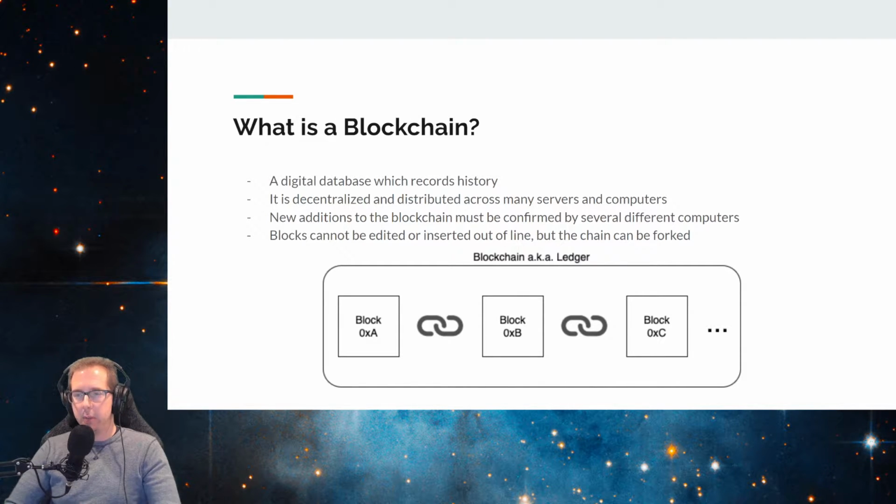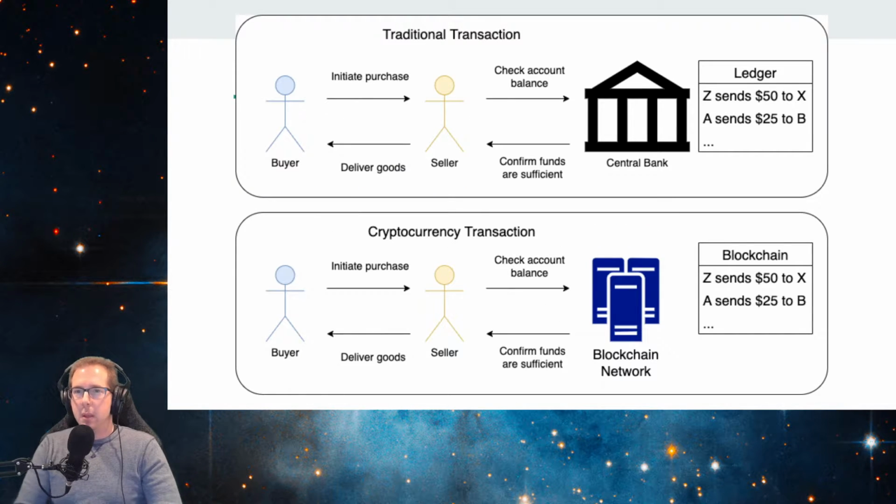Blocks cannot be inserted or edited out of line, but it is possible for the chain to be forked, and there are some pieces of history for Bitcoin and Ethereum, which are the two top, probably most well-known cryptocurrencies. I won't get into more detail than that right now, but it's pretty interesting if you want to look that up.